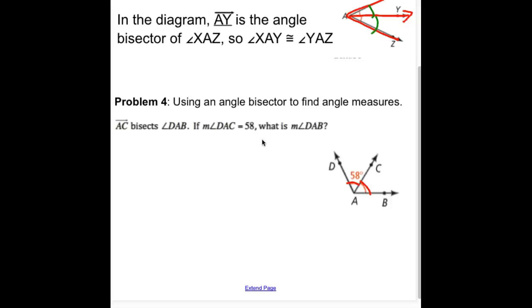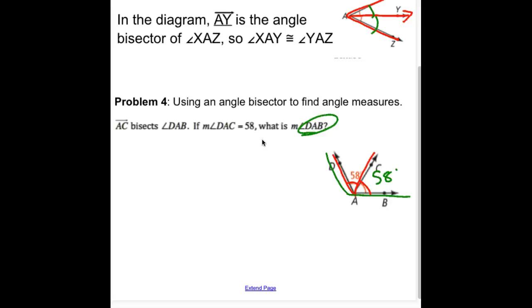If the measure of angle DAC is 58, so if this chunk is 58, what's the measure of angle DAB? Now be careful. Angle DAB is the entire angle. So if AC bisects the entire angle, that means that DAC and CAB are congruent. So you have two angles of 58 degrees.